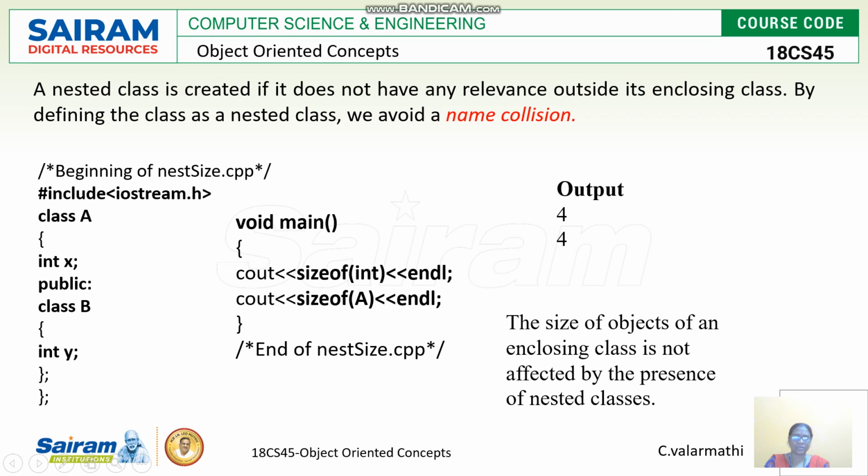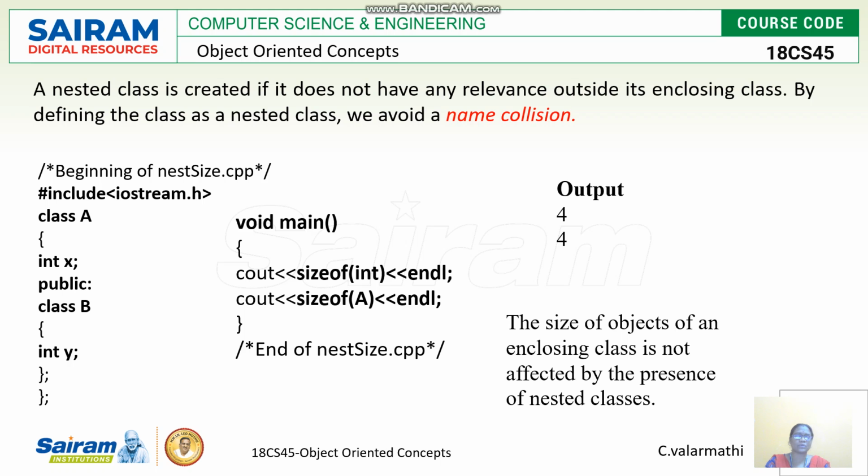Coming to void main, we have to know the size of class A and class B. Since class A is the enclosing class and class B is defined inside it, is there any variation in the size observed? No. There is no variation or difference in the size of the classes.